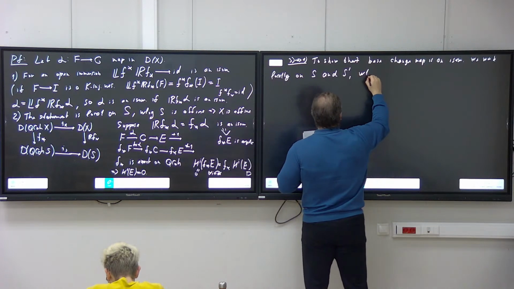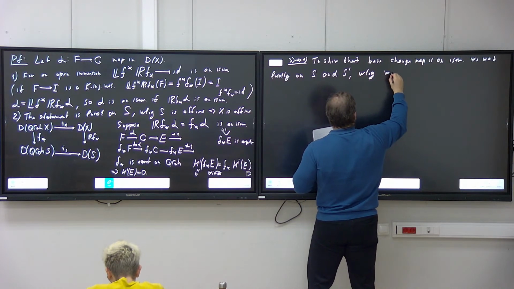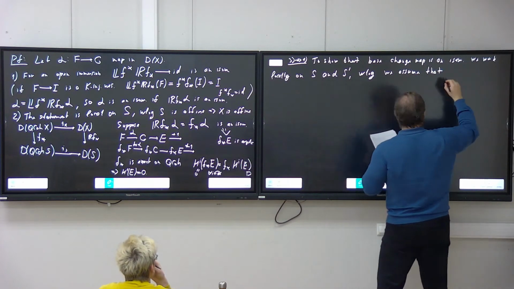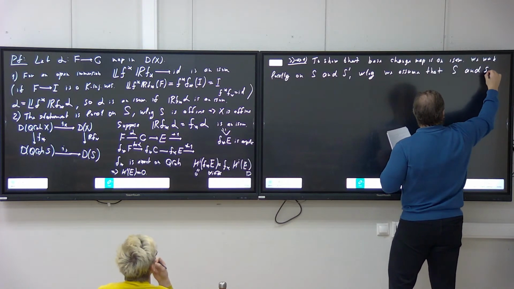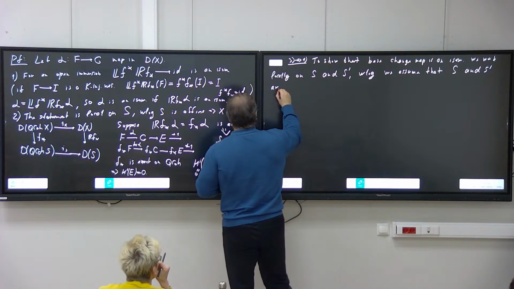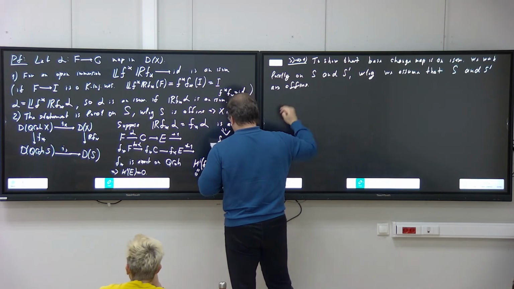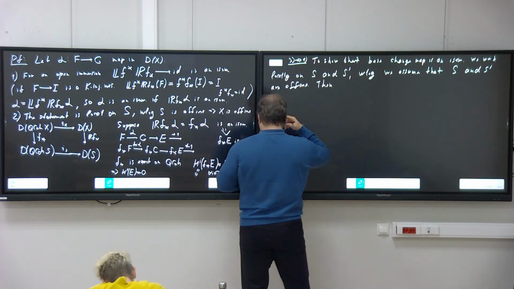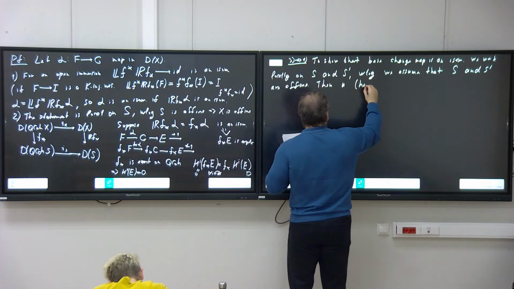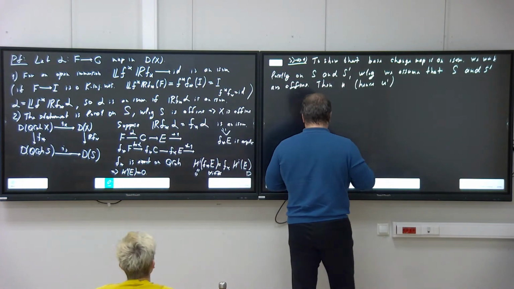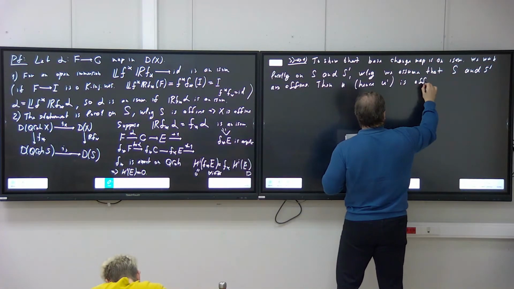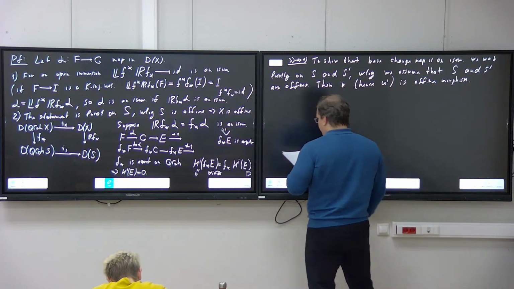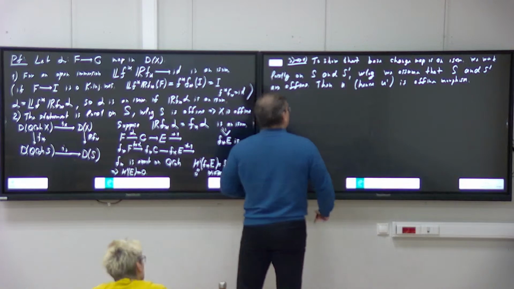So without loss of generality, we assume that S and S prime are affine. So then U and hence U prime is an affine morphism, and let me introduce notation.